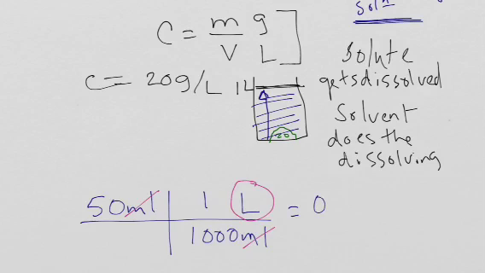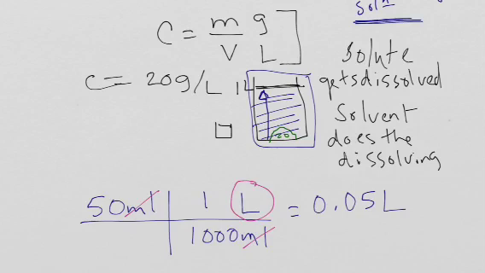This ends up being 0.05 liters. Which means that I can make this exact concentration of a solution, where I had the 1 liter here, but now I'm going to have a much smaller bucket. My 50 milliliters is right here.